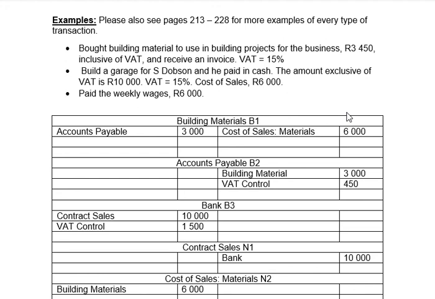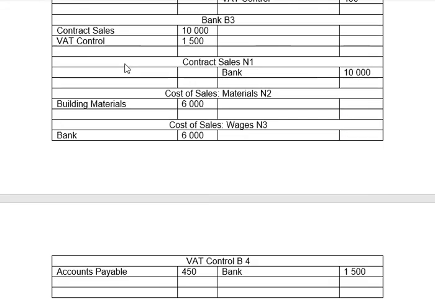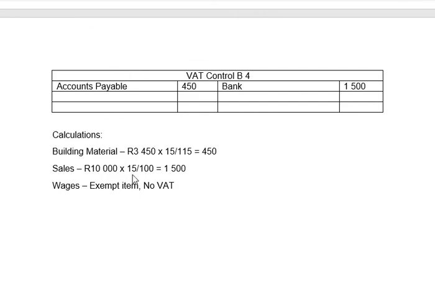Okay, so let's see what we have now. I'm dealing with a sale because I'm selling something. I built something for someone, so I have a contract sale. I have the amount exclusive of VAT this time, so before VAT is added, and I know that 15% is charged. So how do I calculate VAT if it's exclusive? I take the amount times the VAT percentage over 100.